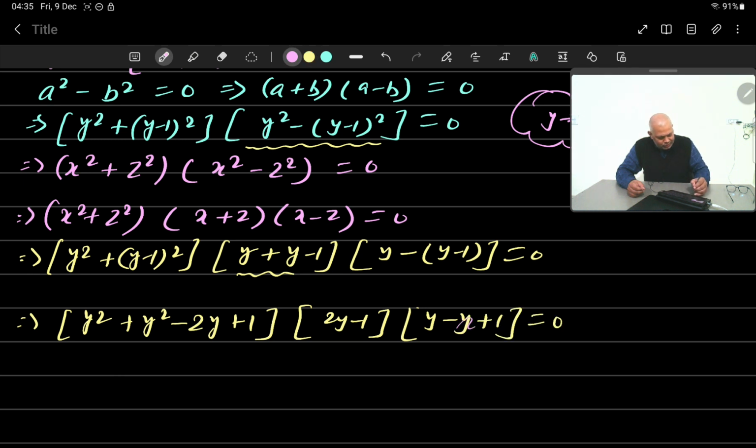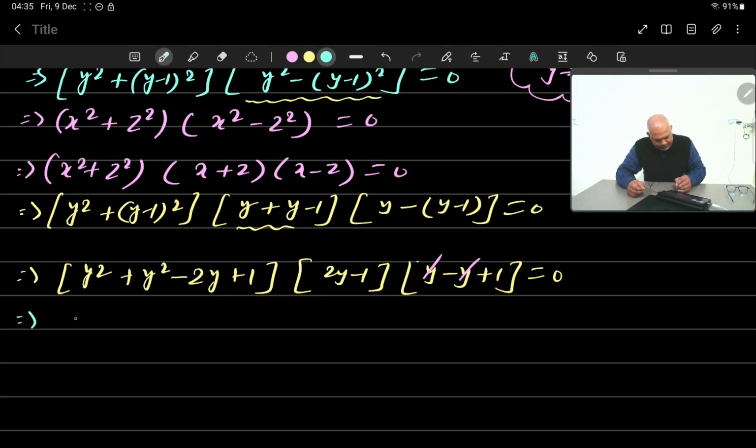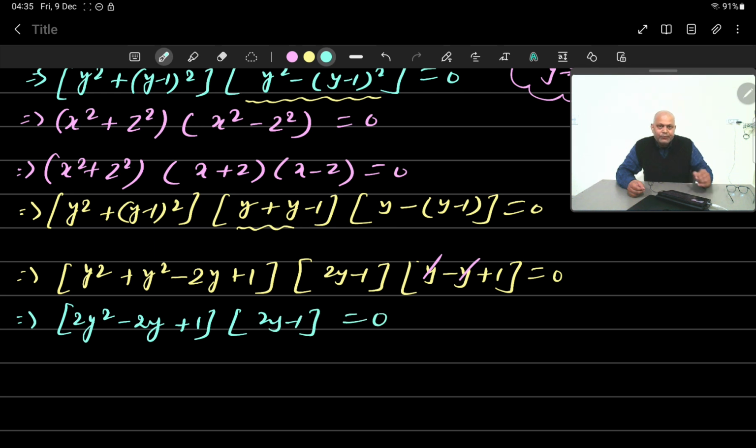You can cancel these two terms, so this equation will look like (2y square minus 2y plus 1) times (2y minus 1) equals 0.